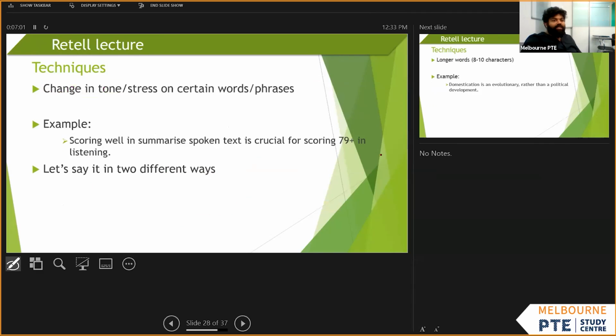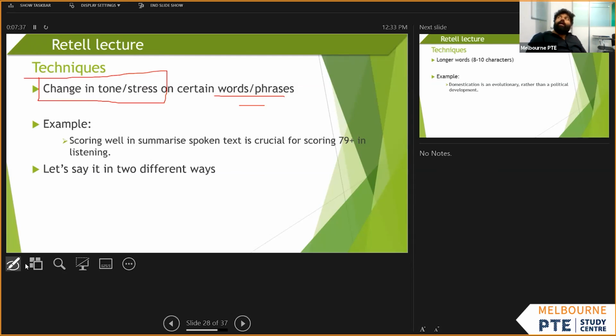Okay, the next technique, this one says that change in tone or stress on certain words or phrases. Does it make sense what I'm trying to say in here? More or less the thing we talked about in intonation. Does it make sense or not?